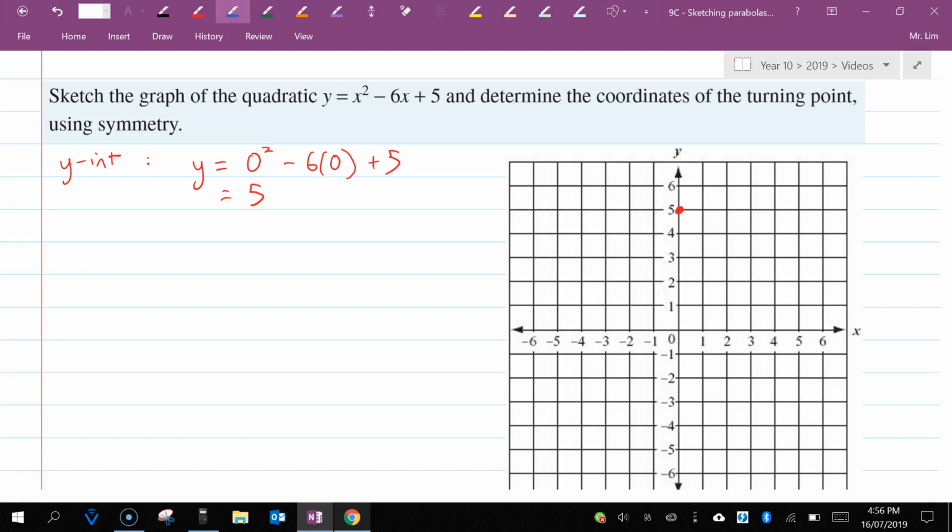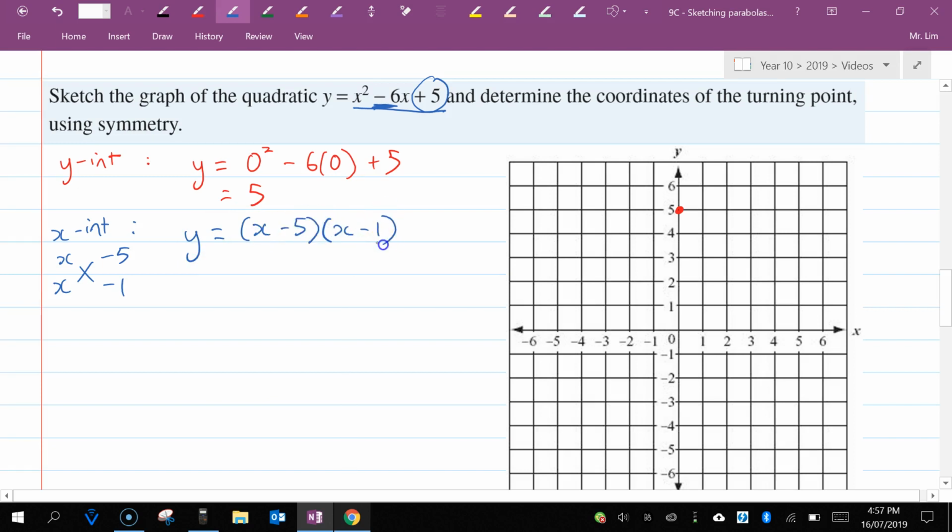The next thing is to work out the x-intercepts. To work out the x-intercepts, we need to factorize this. So that's a monic. The two numbers that multiply to positive 5 but add to minus 6 are minus 5 and minus 1. So technically we have y is equal to x minus 5, x minus 1.